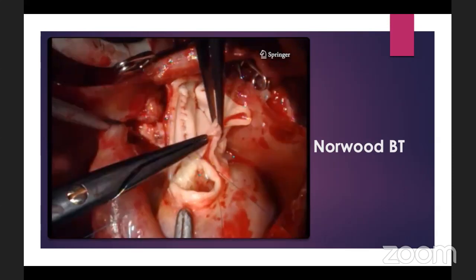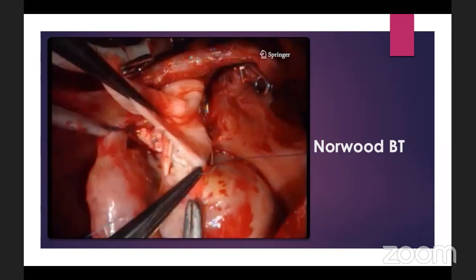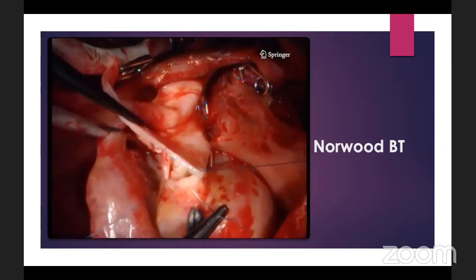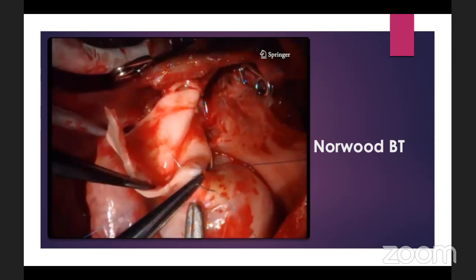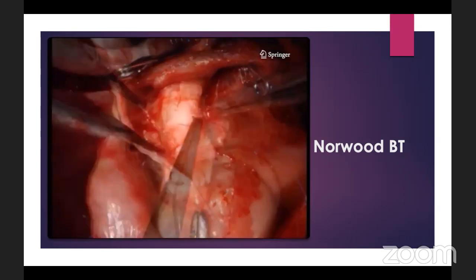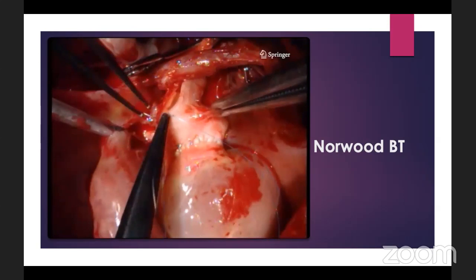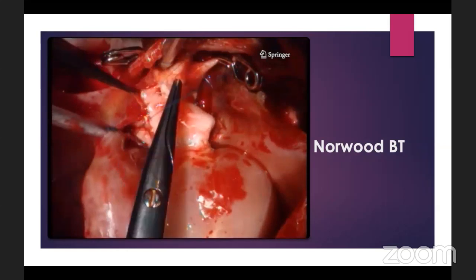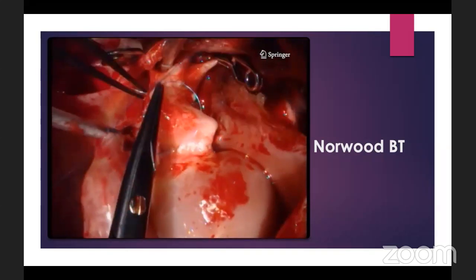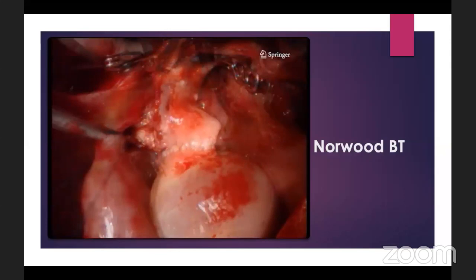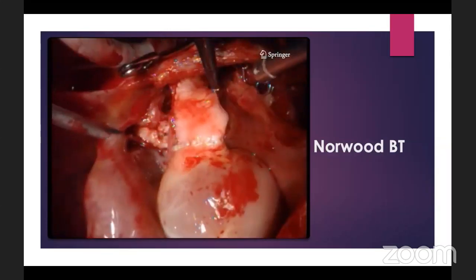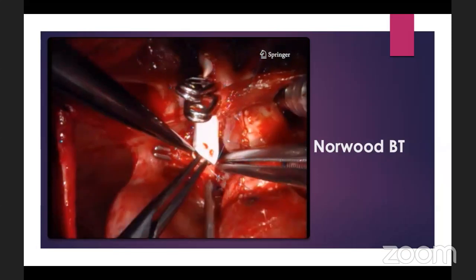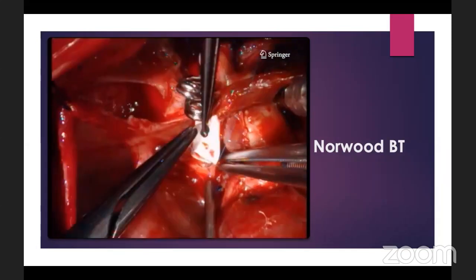Now the neo-aortic root, or the pulmonary root, is incorporated. So once that is completed, you can see now this neo-aorta consists of the pulmonary root, the hypoplastic aorta, and the aortic arch with this large patch reconstruction.